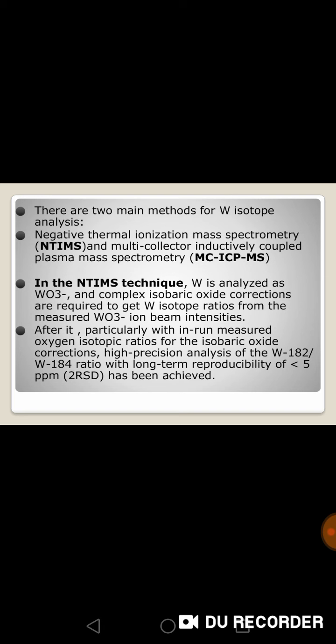In this, the tungsten is analyzed as WO3 minus tungsten oxide, and complex isobaric oxide corrections are required to get the tungsten isotopic ratio from the measured tungsten oxide ion beam intensity. With in-run measured oxygen isotopic ratios for the isobaric oxide correction, high precision analysis of the tungsten isotope 182 over 184 ratio with a long-term reproducibility of less than 5 ppm has been achieved.